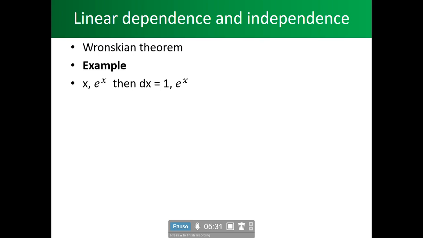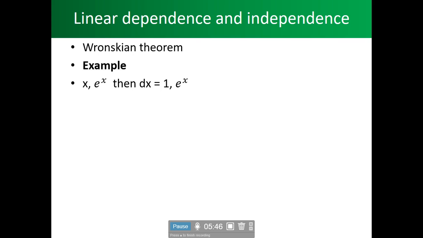Using this theorem, we shall be particularly interested in knowing that a given set of functions is linearly independent.